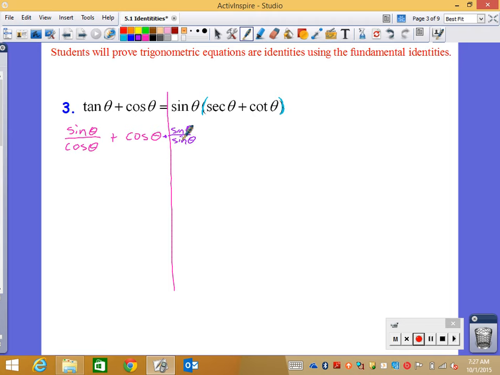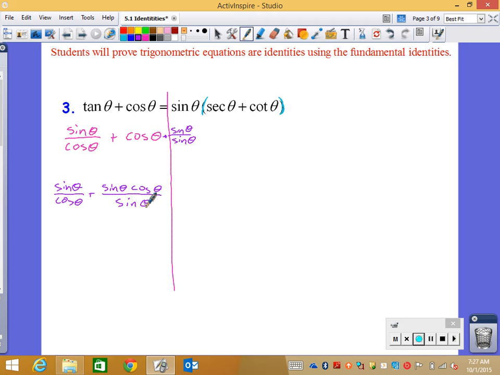I can do that. I'm literally just multiplying by a fancy version of 1. No hand waving, no nothing. So let's rewrite what I have. I have sine theta divided by cosine theta plus sine theta cosine theta divided by sine theta.